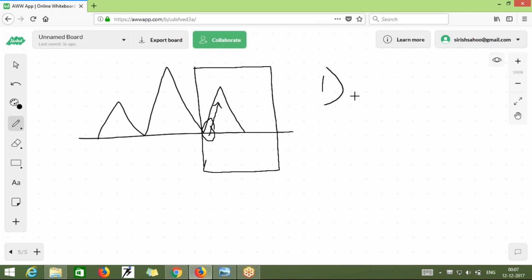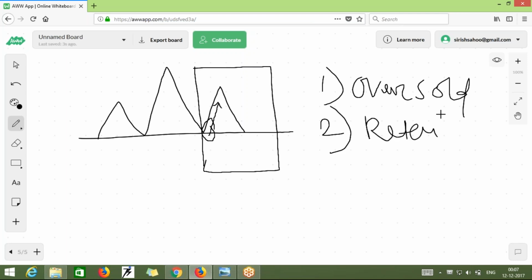One is people who are thinking it is in the oversold region. The second one is the retail traders who only follow, and a few momentum traders who would definitely trade for a few bucks.